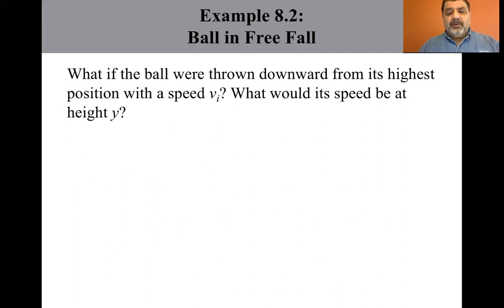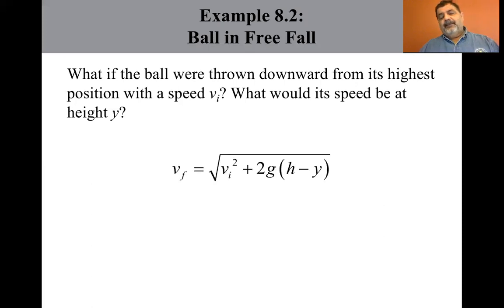Now, what if the ball were thrown downward from its highest position with a speed v initial? What would its speed be at height y? Well, we have to include an initial velocity component. If the ball is thrown downward initially, we would expect its speed at height y to be larger than if simply dropped. So you make your choice of the system, either the ball alone or the ball and the earth.